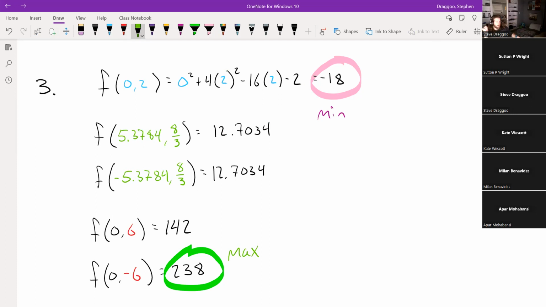So after plugging them all in, I found that the interior critical point was the minimum value at negative 18, and one of my boundary points, 0, negative 6, was our maximum value at 238. In the end, it's simply plug them back into the original function. Biggest one's the maximum, smallest one is the minimum.